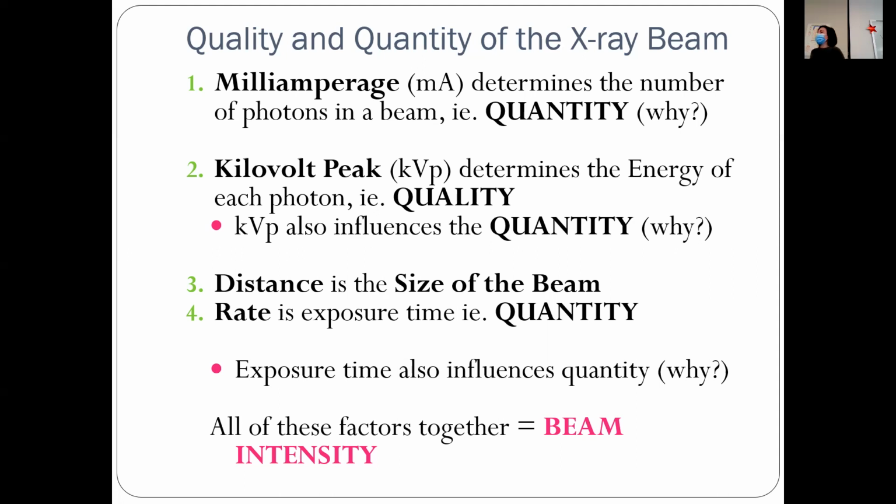Why? Yes. On your slide, it says determines the number of photons in a beam, and you just said electrons. Is it technically both? Okay, this can get confusing. Sorry, and I might sometimes misspeak. Once it's hit the anode, they have become photons.